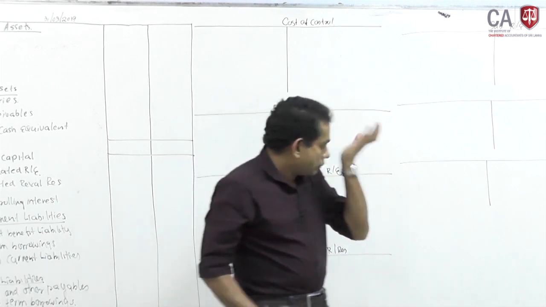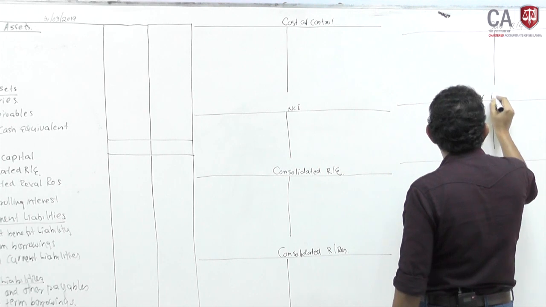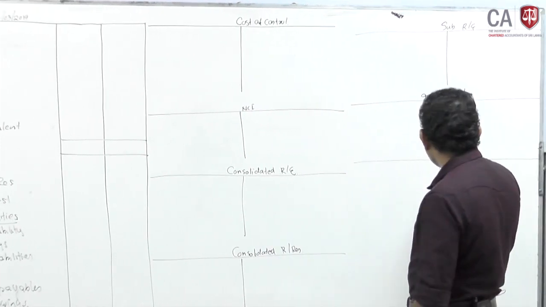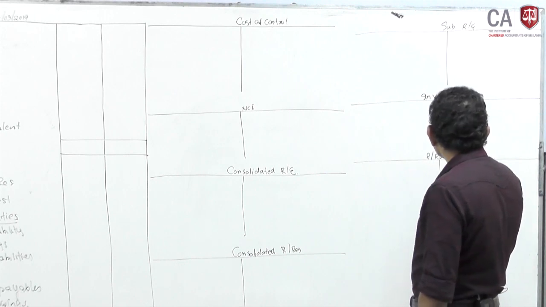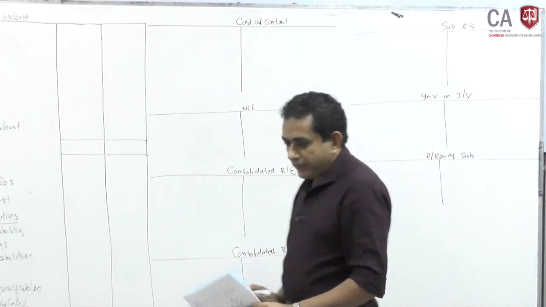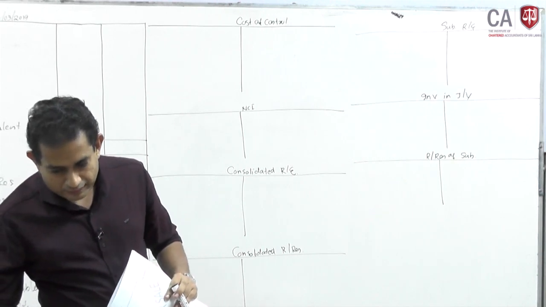So, then we will open up investment in joint venture and revaluation reserve of the subsidiary company. We will pick the figures to the accounts as opening balances.